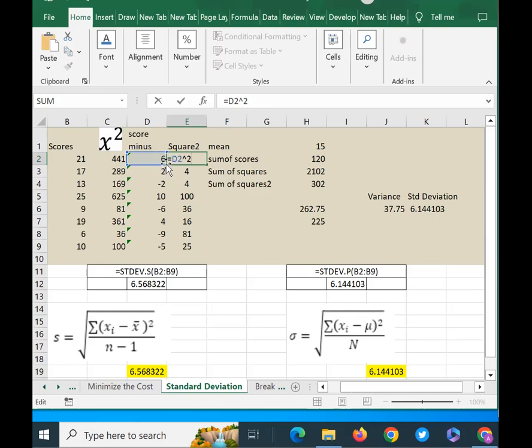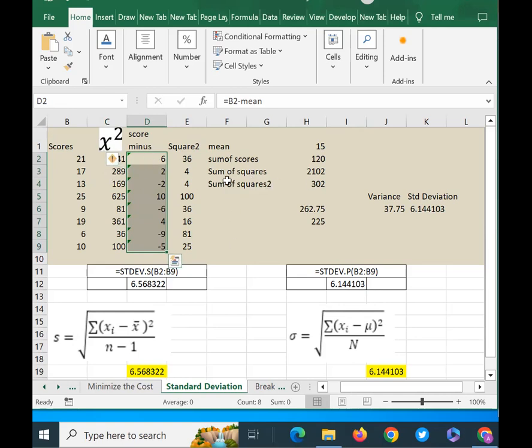That is 6, right? Okay, so if the mean is 15, then 21 minus 15 gives you 6. Okay, 17 minus 15 gives you 2, and so on, right? So these are the scores.